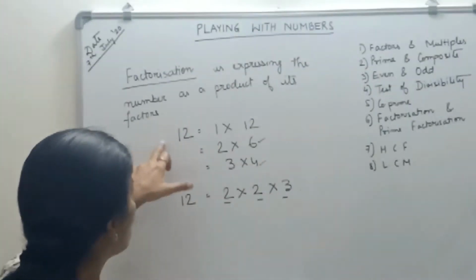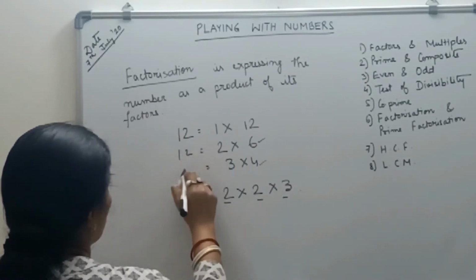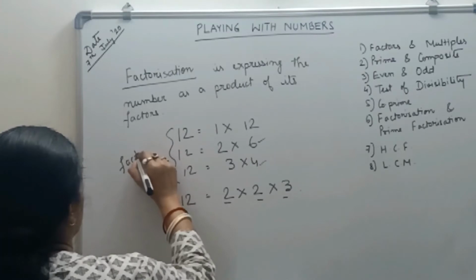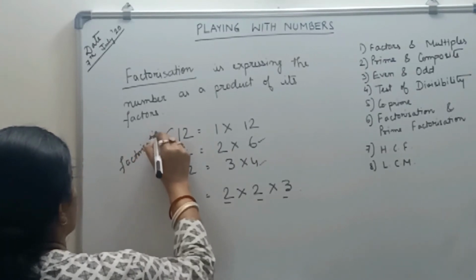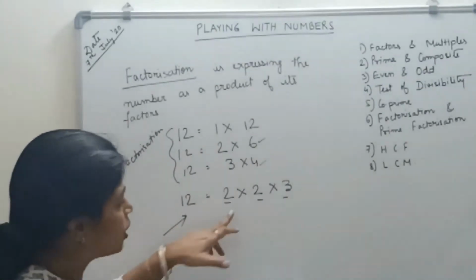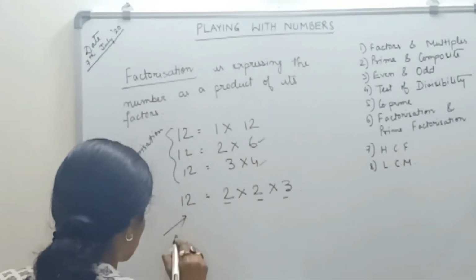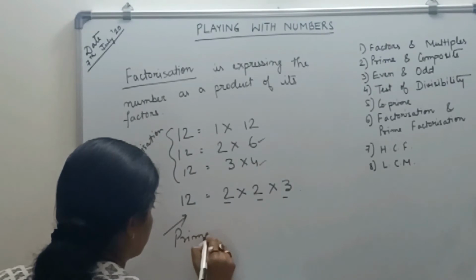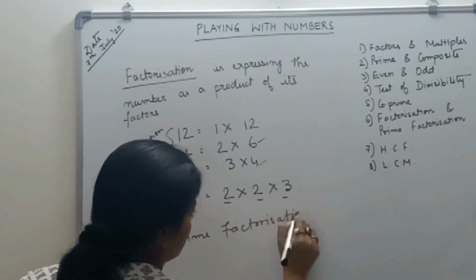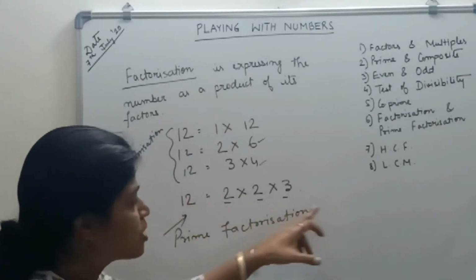And these are only factorization. But this is called prime factorization because all the factors are prime. All the numbers should be prime.